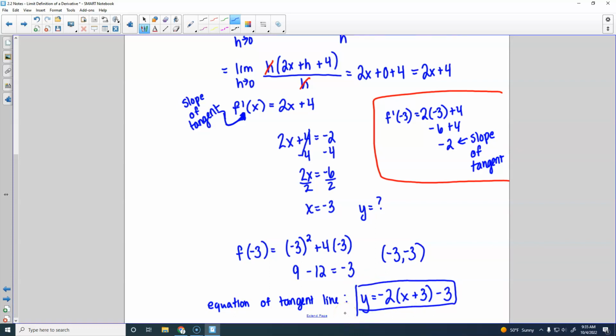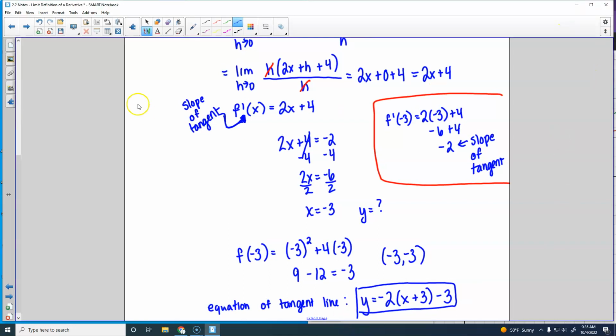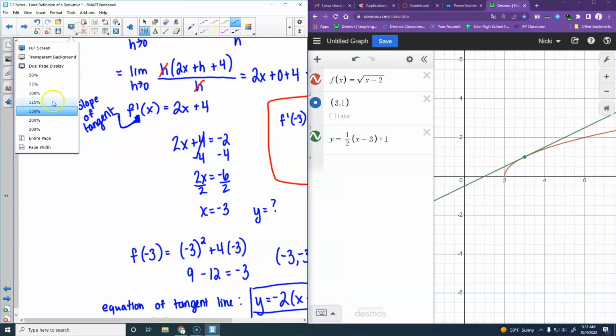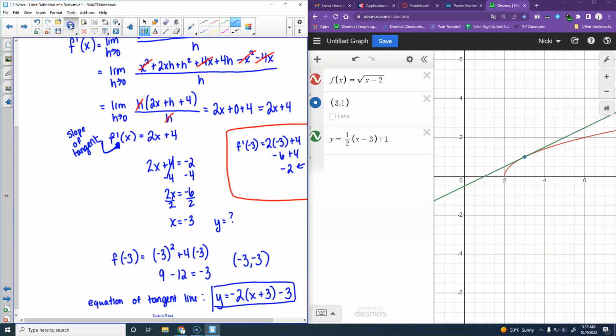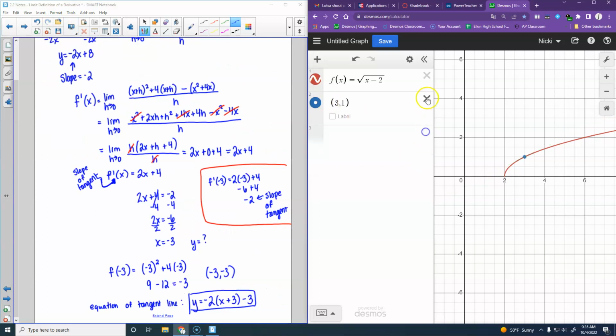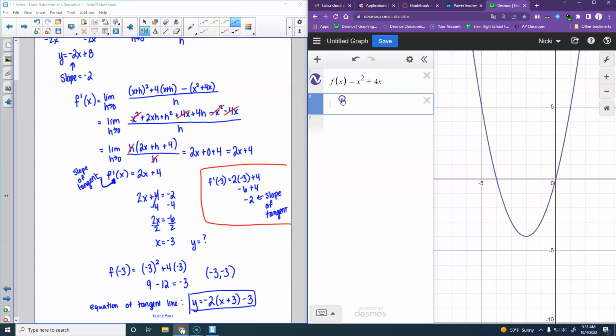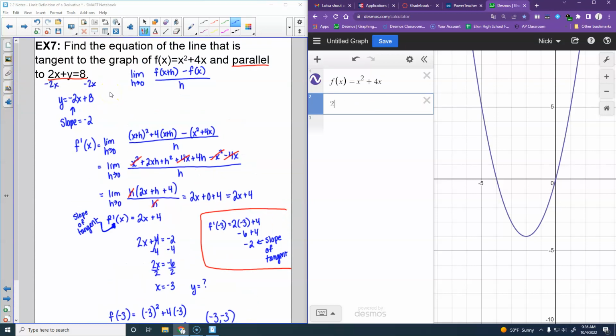Let's look at this in Desmos just to make sure we understand what we're doing here. So our function was x squared plus 4x. We got this. And so we had this line that they gave us, 2x plus y equals 8.